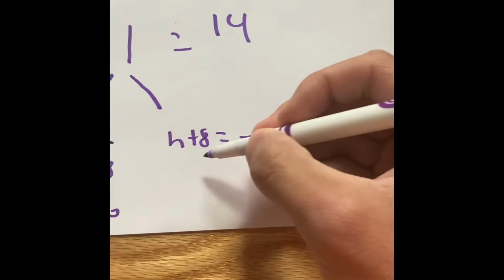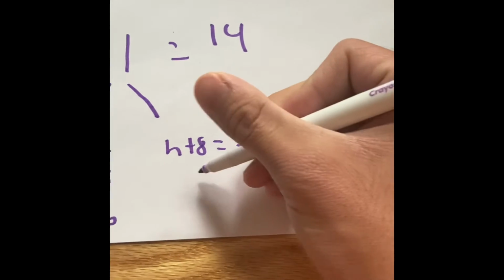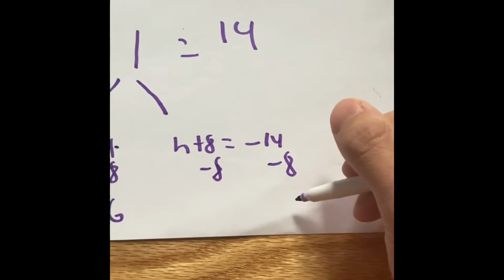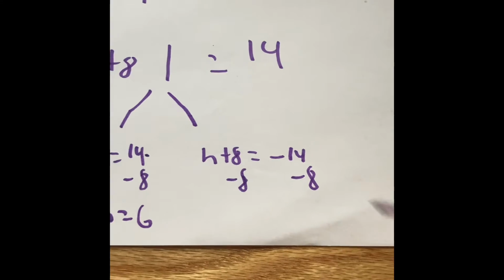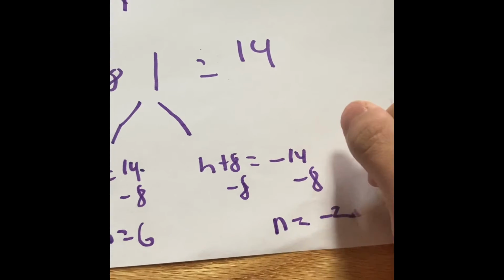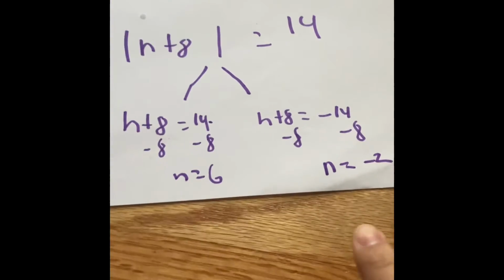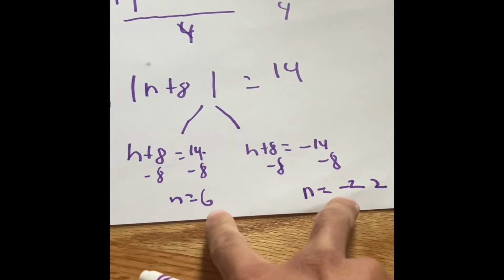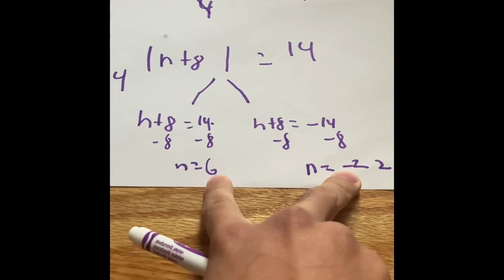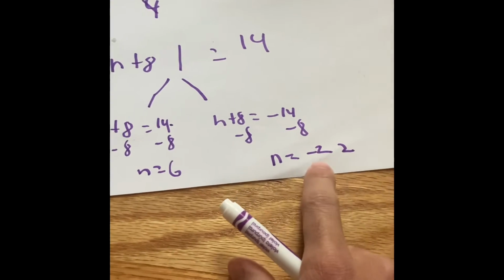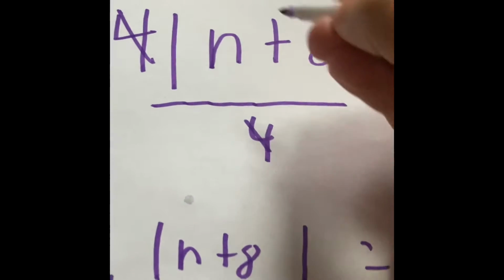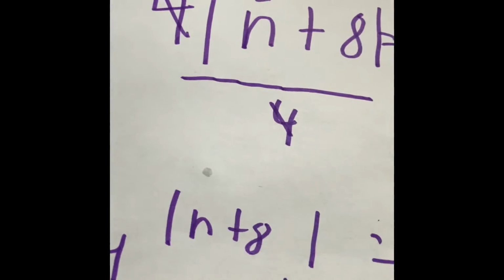On the other equation, we subtract 8 from both sides, and we get m equals negative 22. So, we said earlier that we're going to get two answers. So this is what m can equal: 6 or negative 22. Let's try it out by inserting those numbers in for m.